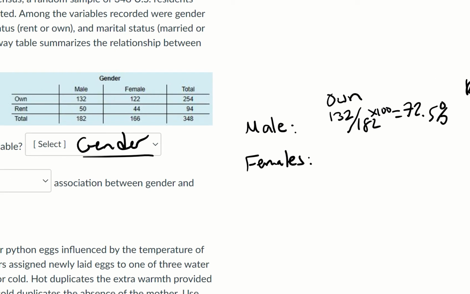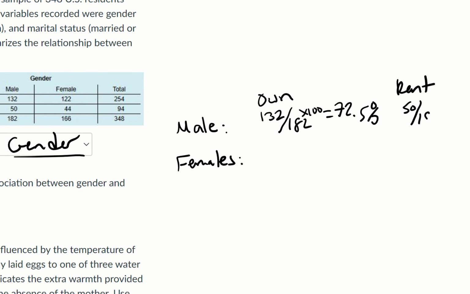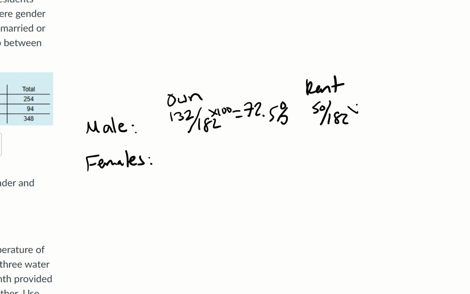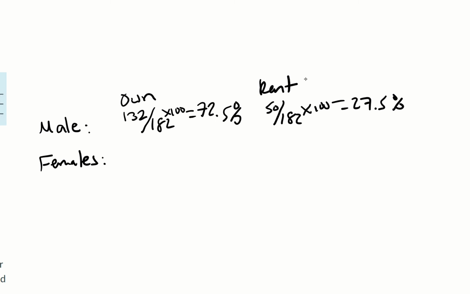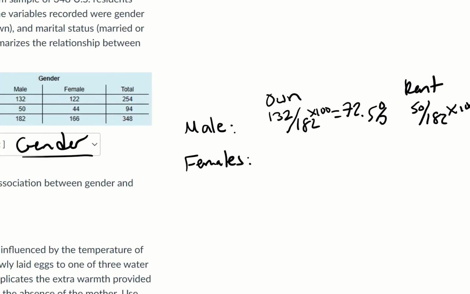And if you look at the males that rent, that's 50 out of 182 times 100, which is about 27.5%. And remember that those categories should add up to 100 in total, or pretty close to it.